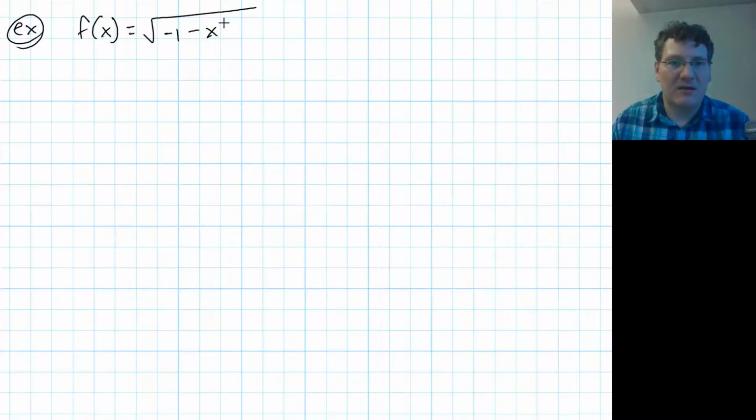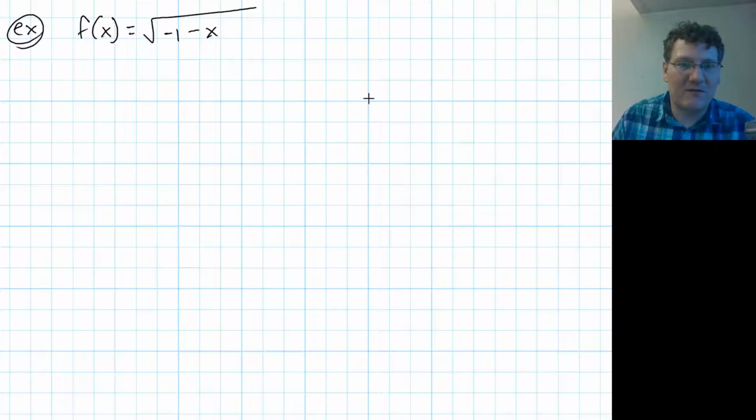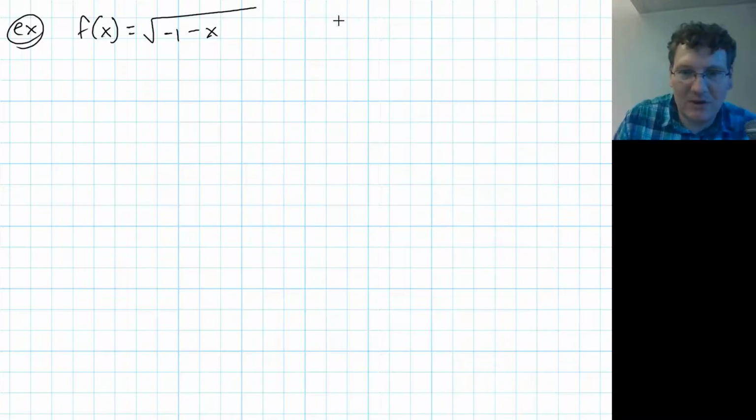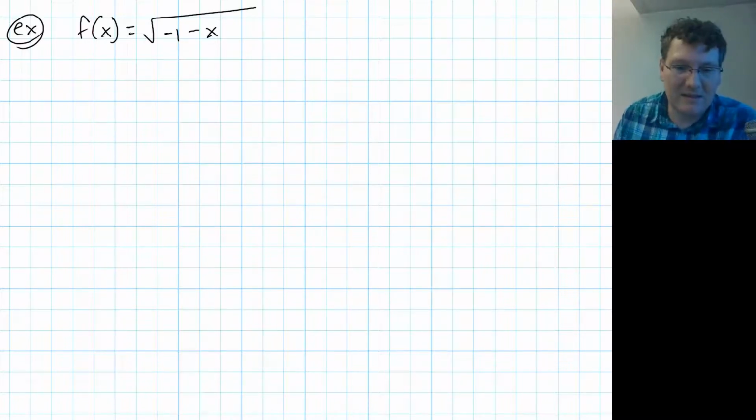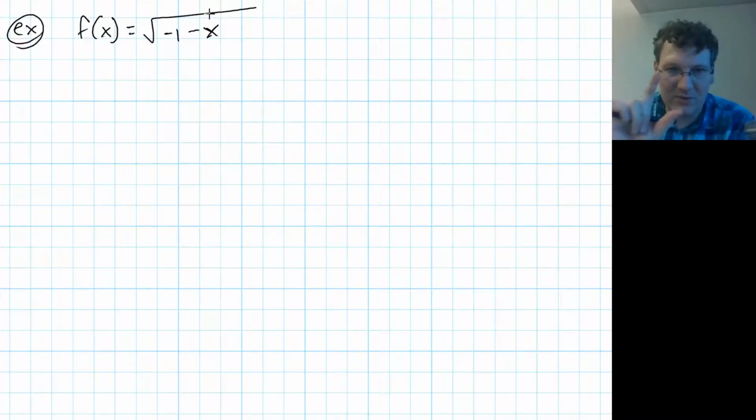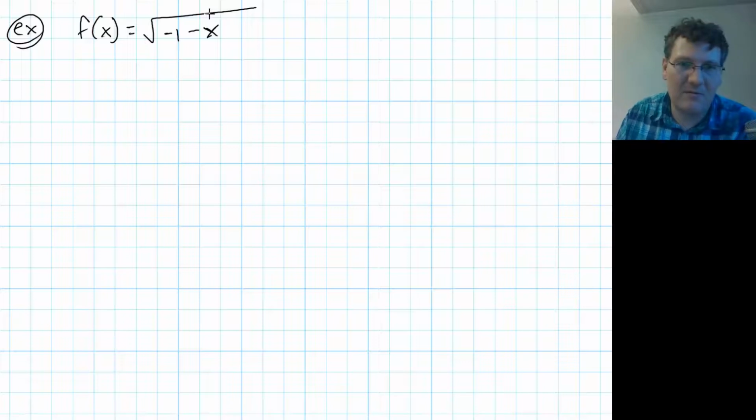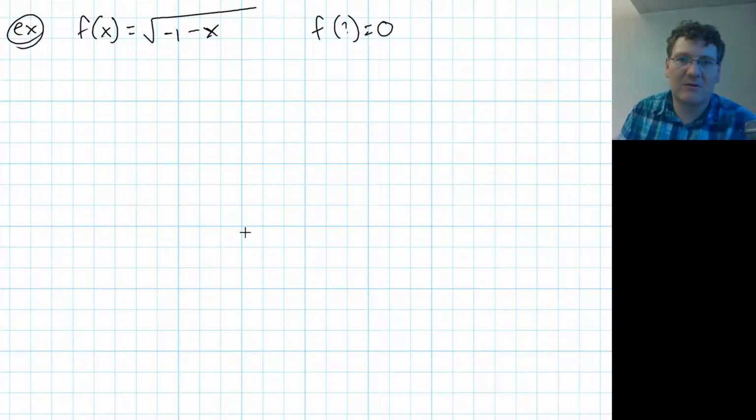The graph I'm looking at is the graph of f of x equals -1 minus x. So we want to think about how you would graph this. Probably the simplest way is that because we have negative x in there, this has been reflected horizontally. Now just think about what x is going to give me 0.